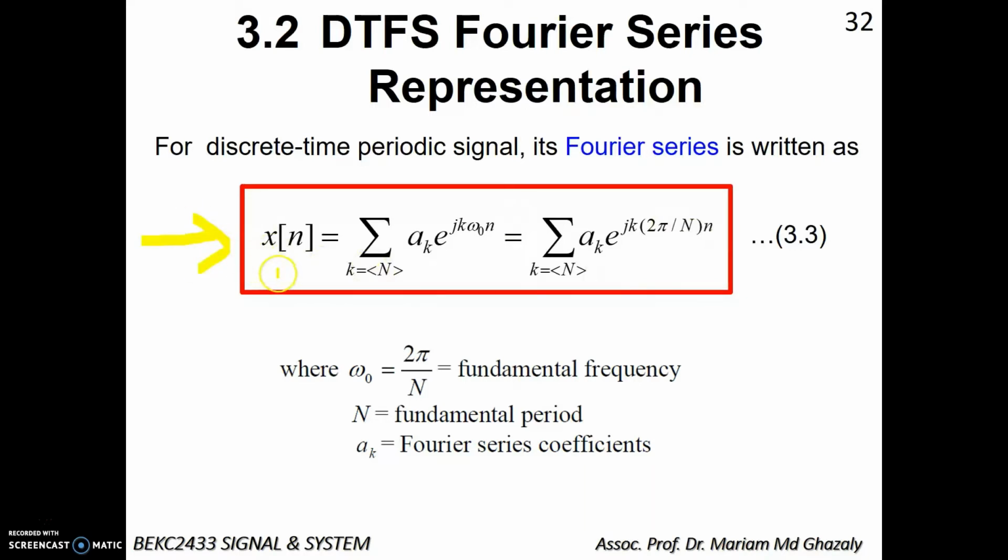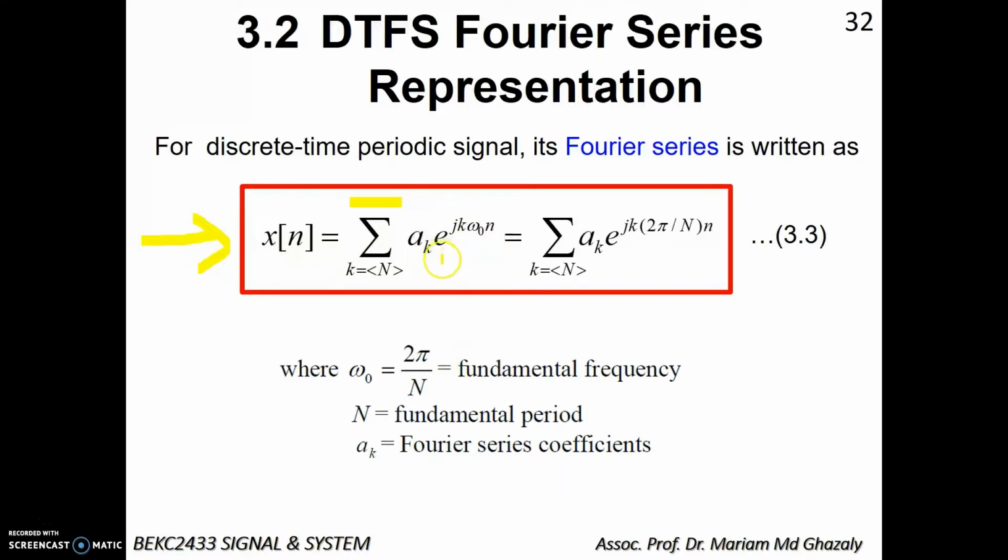You may see that the equation is given by the discrete time signal x[n] equals the summation of a_k, which you have learned in previous class. a_k is the Fourier series coefficient, e^{jkω₀n}.